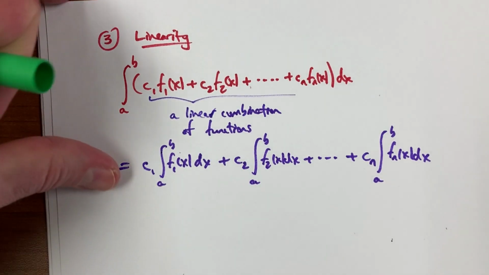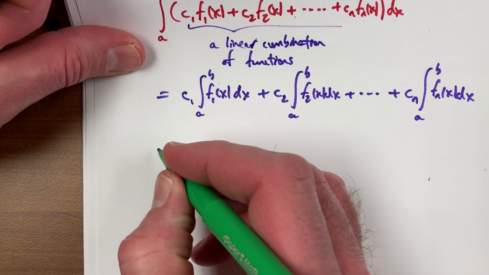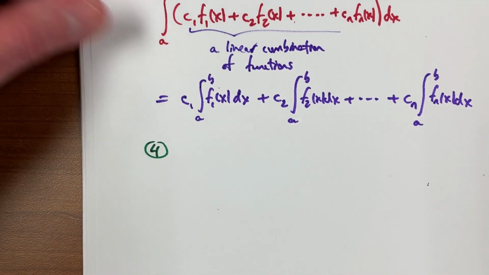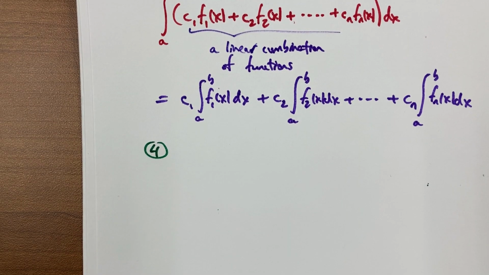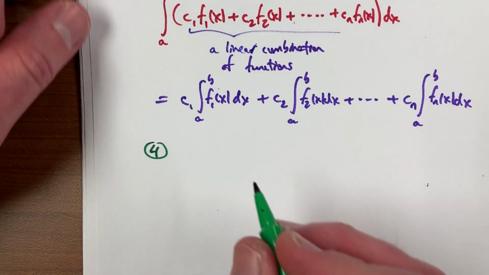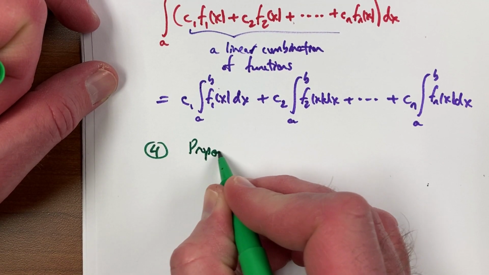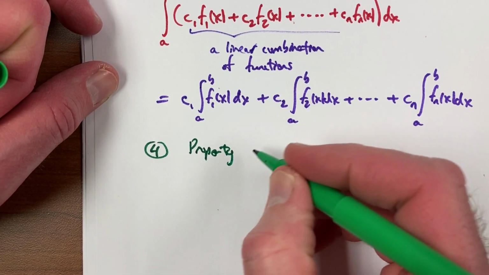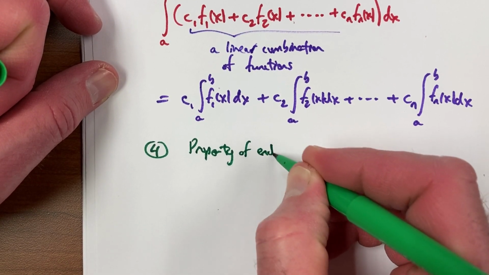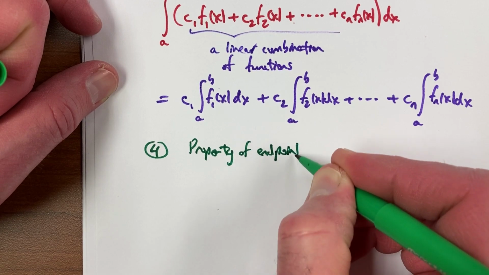A fourth property, which is what we'll end with today. There are more than this, but we'll end with this one today, is what you might call a property of endpoints, or endpoint property, something like that.